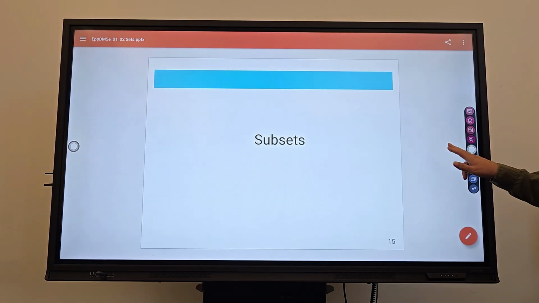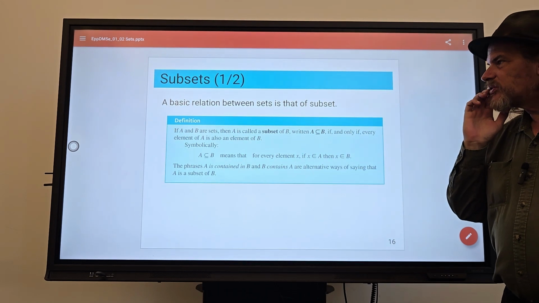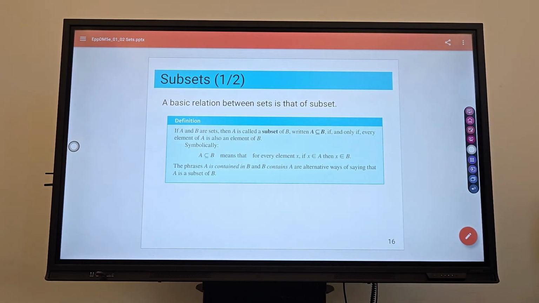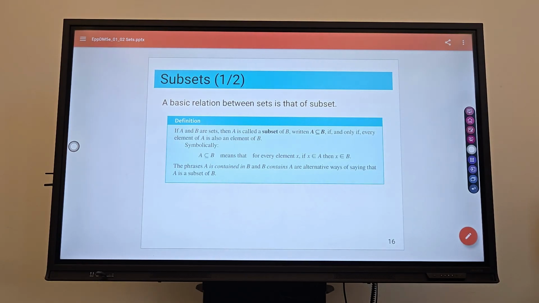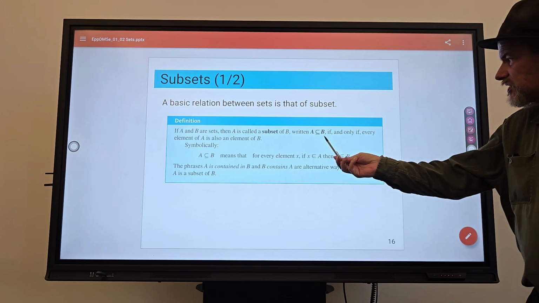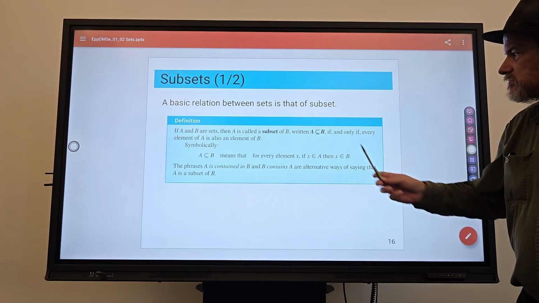Subsets. Okay, a basic relation between sets is that of a subset. If A and B are sets, A is called a subset of B, written with this stylized C with the line under it. This line here, that's important.